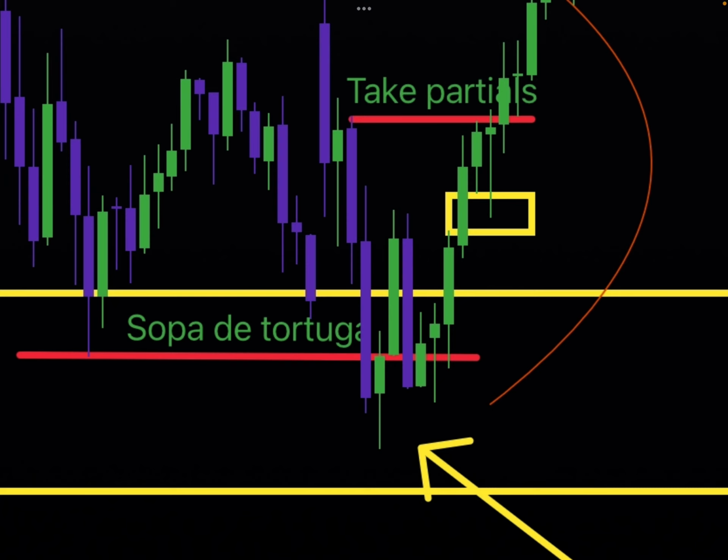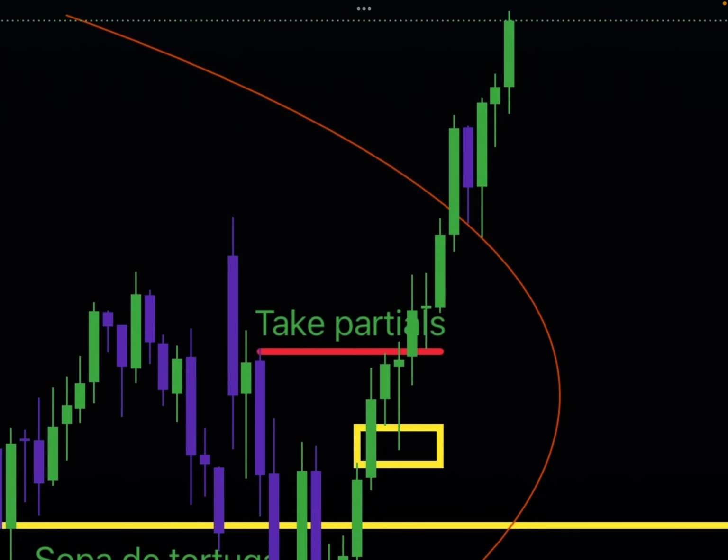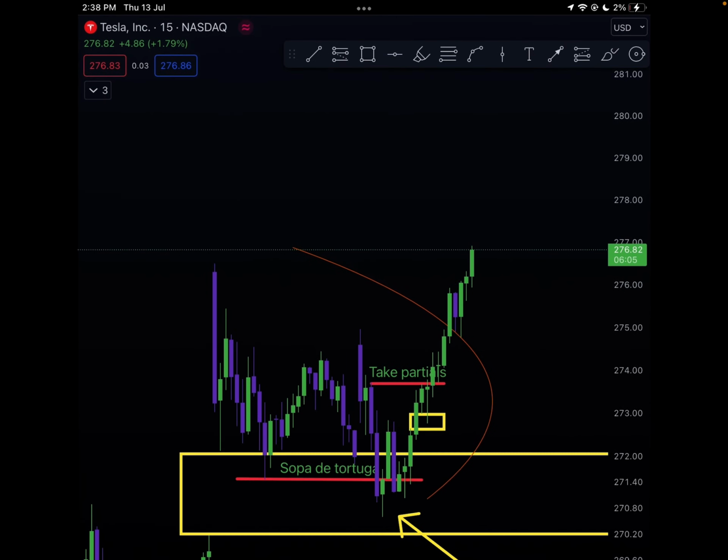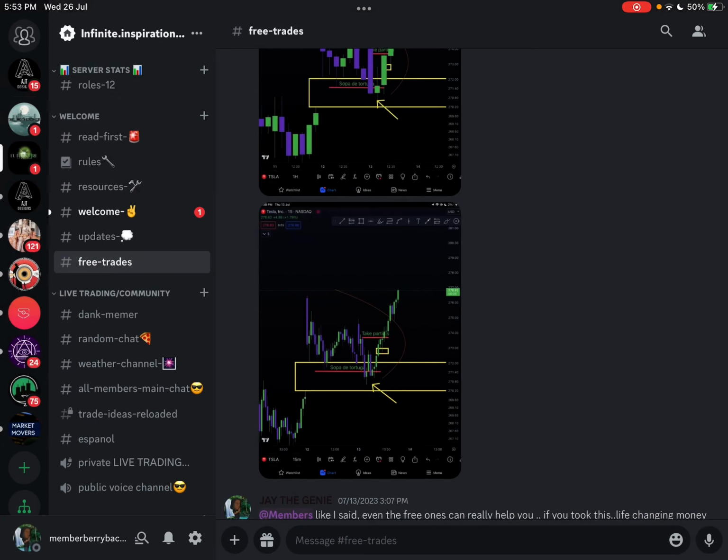It runs back down. Price actually trades back into this old green candle from the bottom and does what? Takes off. And that's it. And I gave this one for free. Imagine how much money you would have made in one single play.